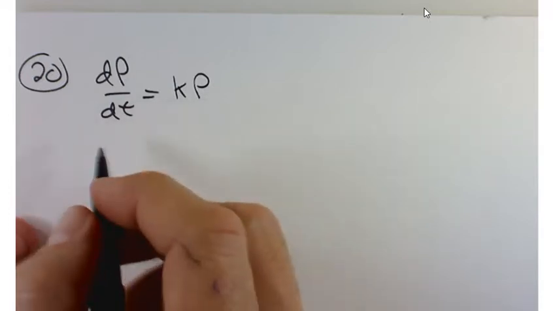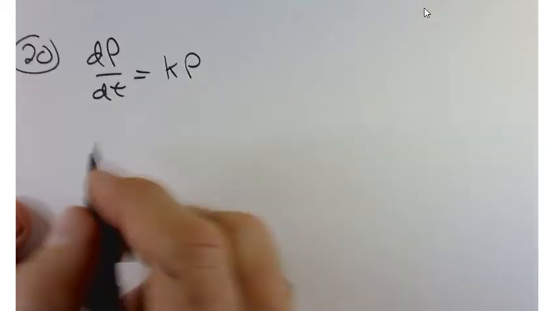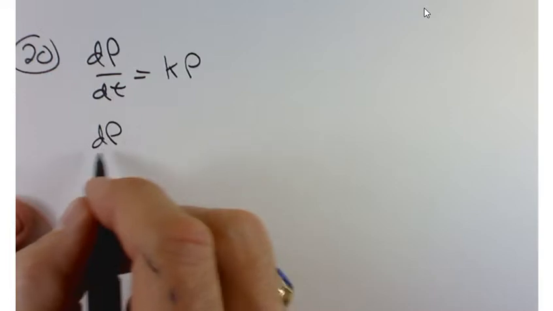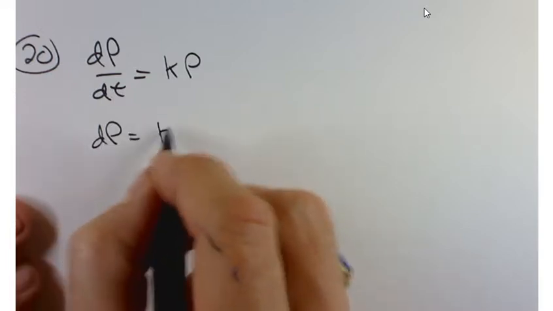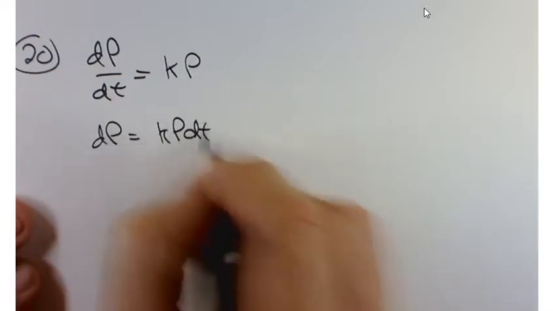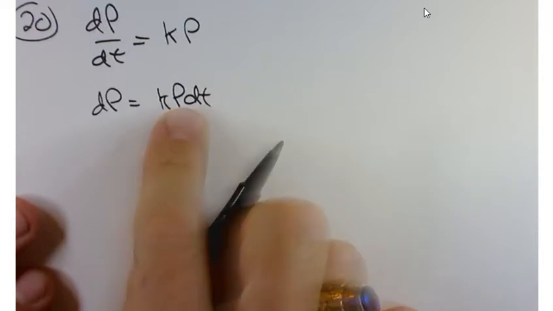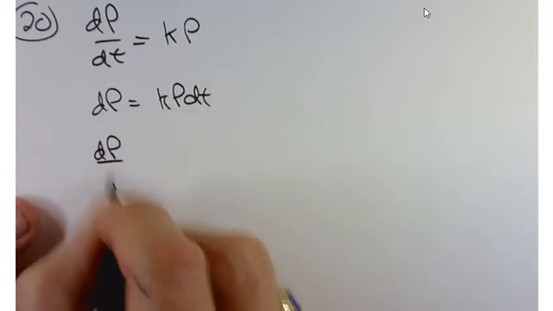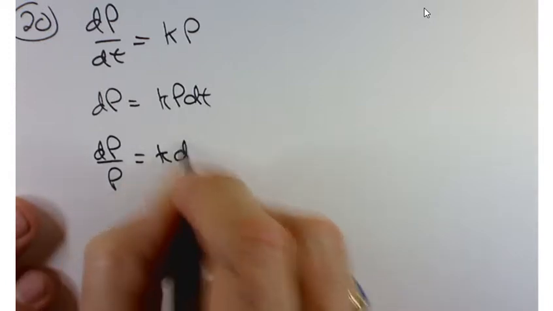Now solving for this is another example of the problems that we've been doing. So dp equals kp dt. I want to get rid of the p here, so I'll divide both sides by p. dp over p equals k dt.